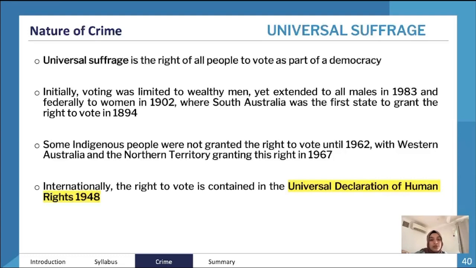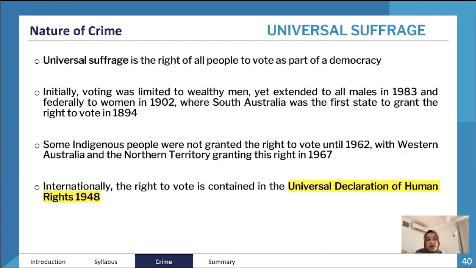So initially voting was limited to wealthy men, and then it extended to all men in 1983, and then federally to all women in 1902, where South Australia was the first state to grant the right to vote in 1894. Some Indigenous people were not granted the right to vote until 1962, with WA and NT granting it in 1967.